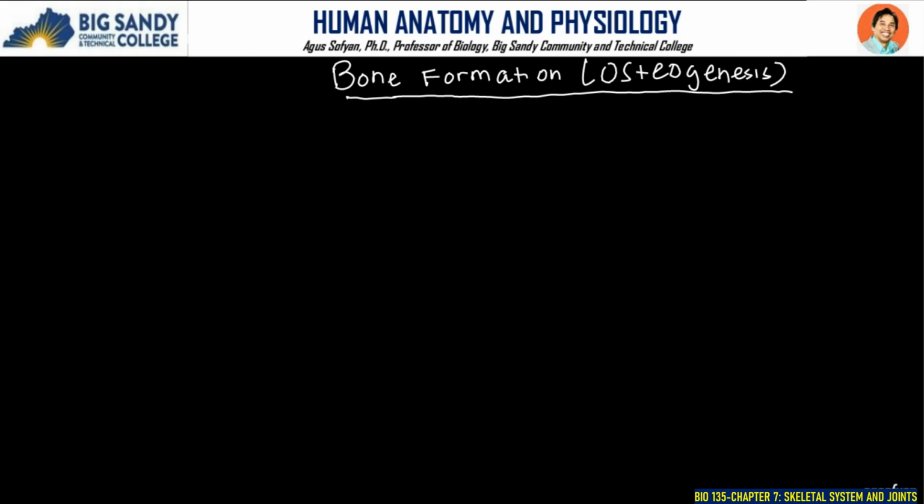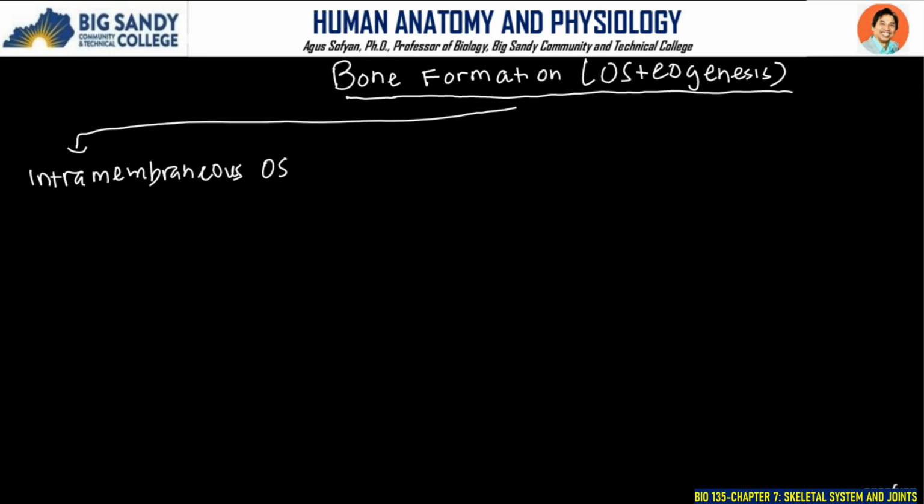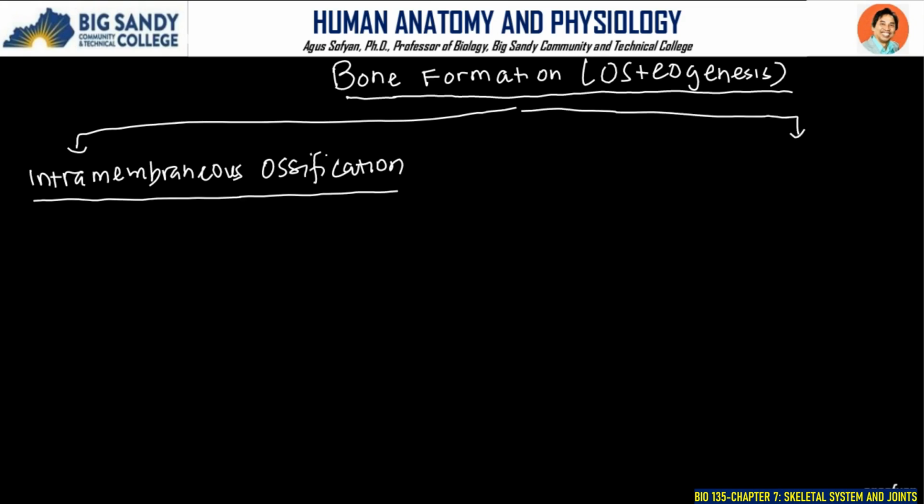The first one is called intramembranous ossification. The second type of osteogenesis is called endochondral ossification.